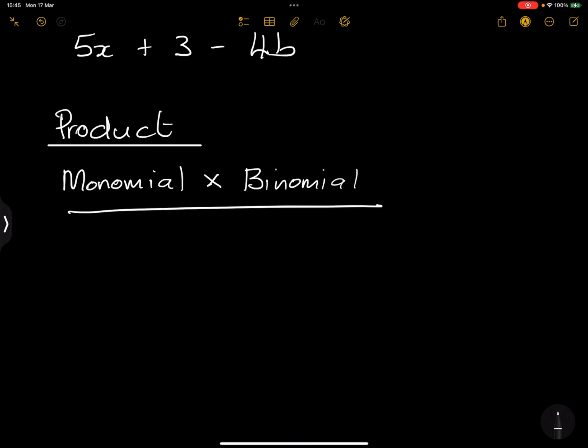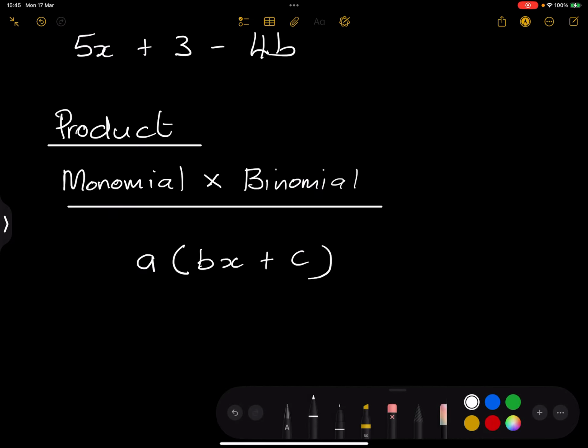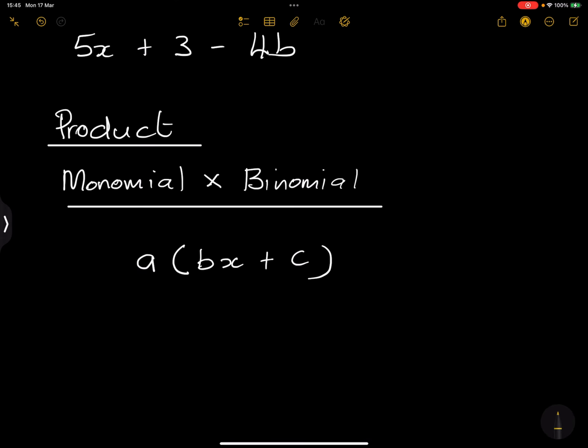So suppose I've got a monomial which is a, and I'm multiplying it into bx plus c. We are going to use our distributive law, right? I'm going to multiply my monomial with the first term of my binomial first.